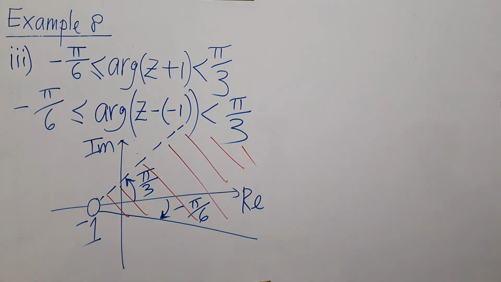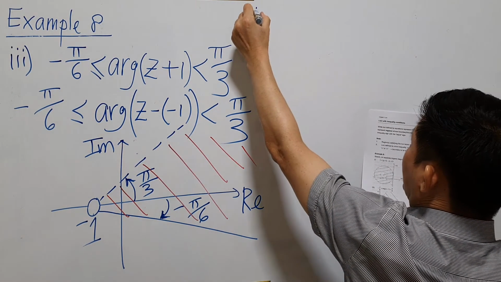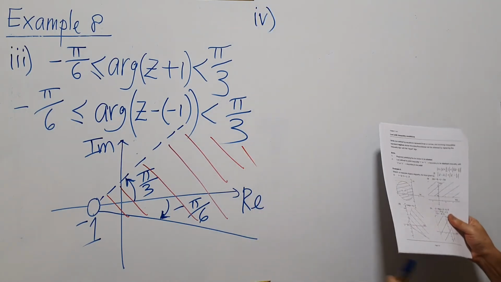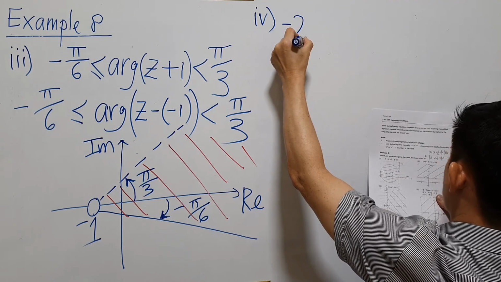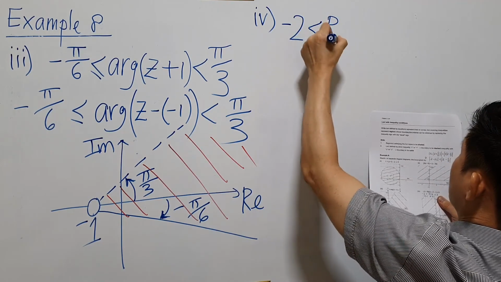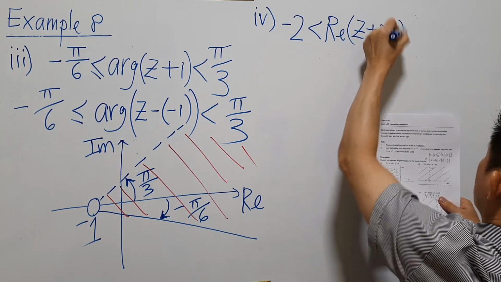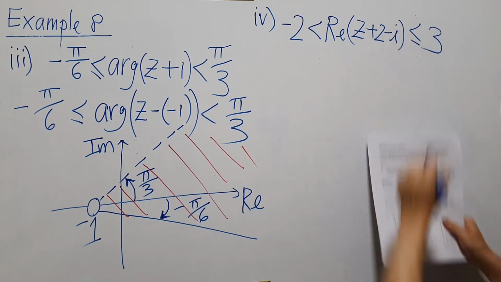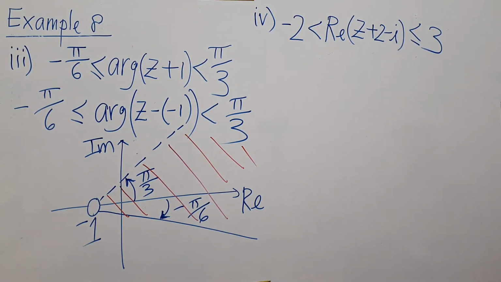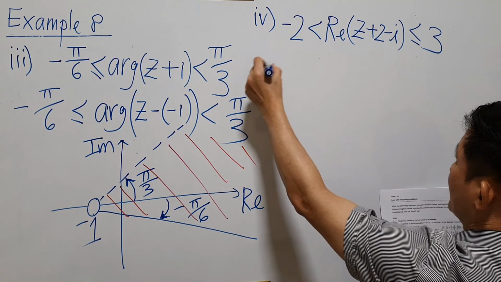Let's look at example 8.4. In example 8 part 4, you are given an inequality that's like this, minus 2 real z plus 2 minus I. In this case, if you see an inequality like this, and it doesn't seem to resemble any of those standard ones, what you can do is try to express this in its Cartesian equivalent by letting z be x plus iy.